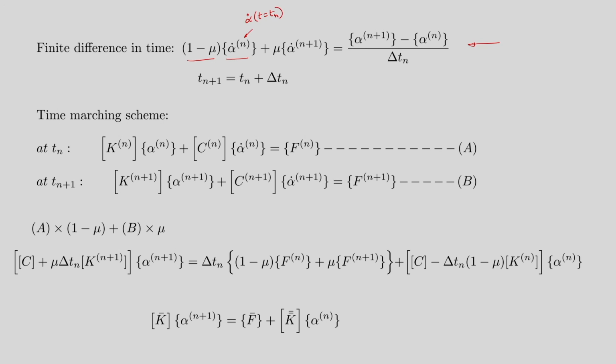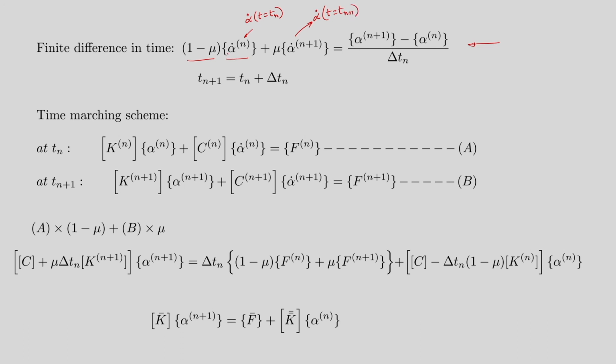I am looking for the solutions at certain instances, so t n is one such time instant, okay. Similarly, alpha dot at n plus 1 represents alpha dot at t equal to t n plus 1, alright.